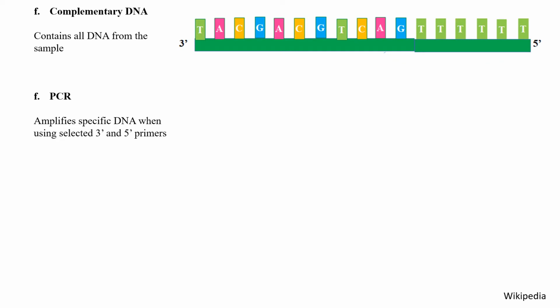So the polymerase chain reaction is an enzyme that can amplify the DNA using selected 3' and 5' primers.